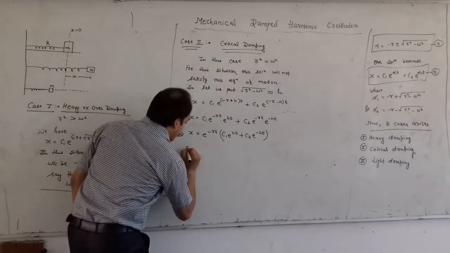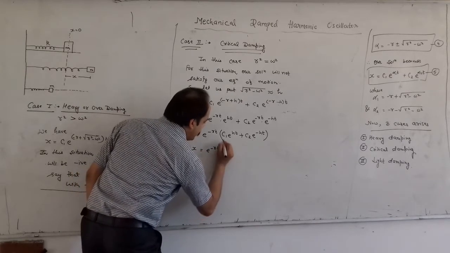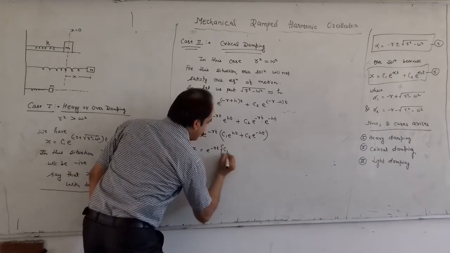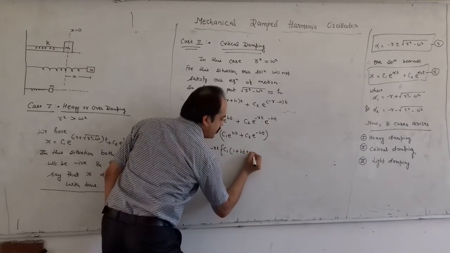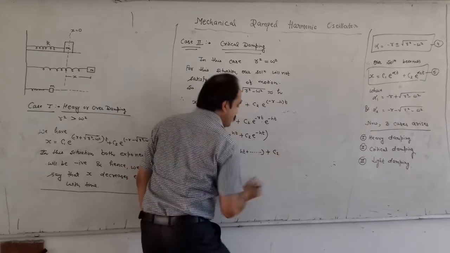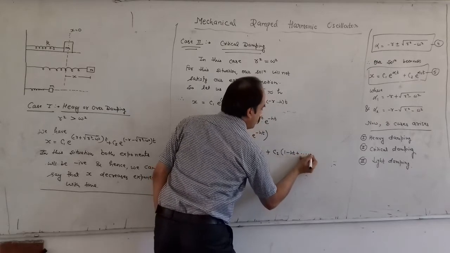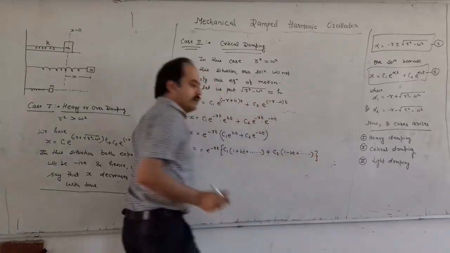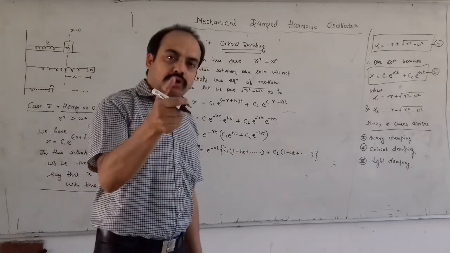Then, expanding these terms, we can write e to the power minus rt, we will have c1 e to the power ht is equal to 1 plus ht plus higher order terms, right? Here we can write c2 times 1 minus ht plus higher order terms, right? So we can put the similar order terms on one side.